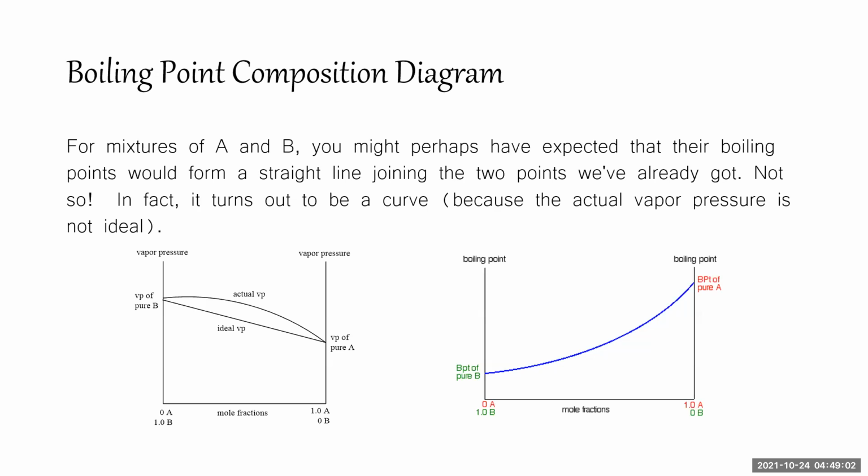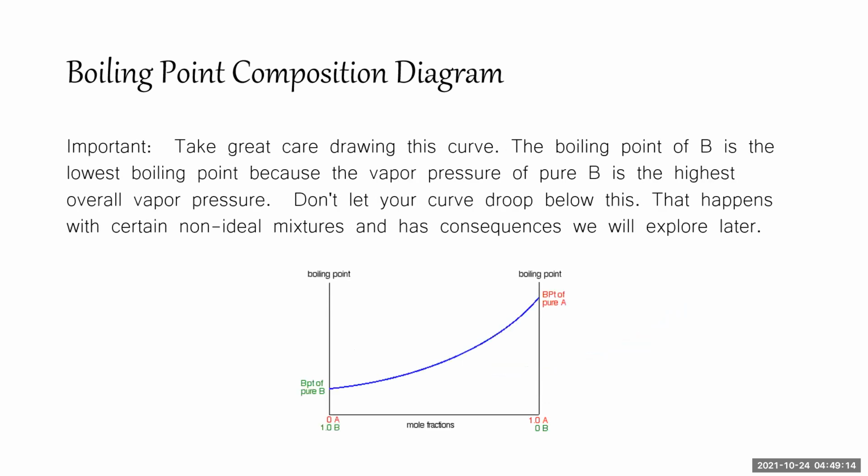It will boil a little bit lower than expected, again, because the vapor pressure above the mixture of the two is actually higher because of decreased intermolecular forces. So if you were making this graph, it would be important to take great care when drawing this curve.